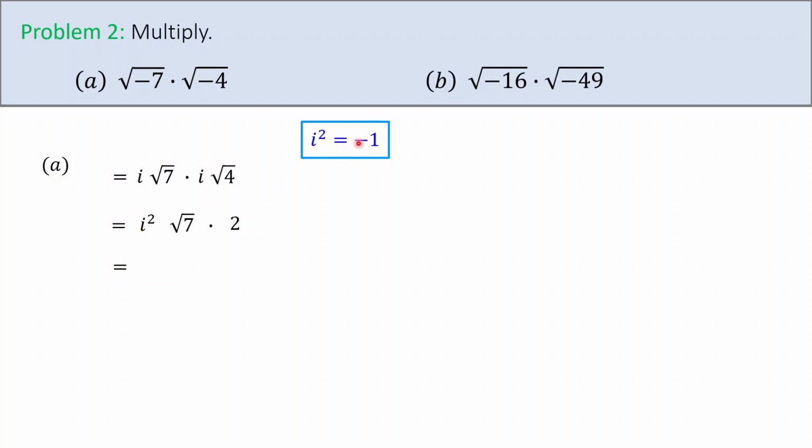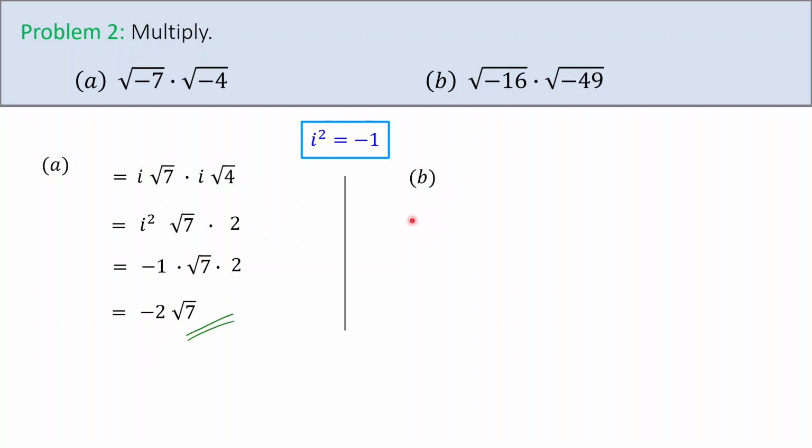So substitute negative 1 for I squared times square root of 7 times 2, equal to, now you multiply negative 1 and 2, you get negative 2, and here you have square root of 7.